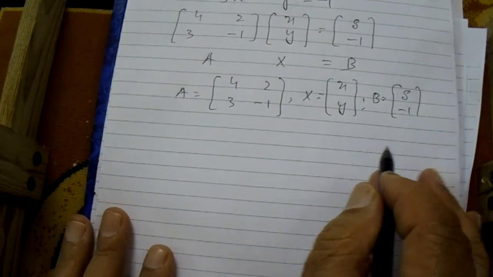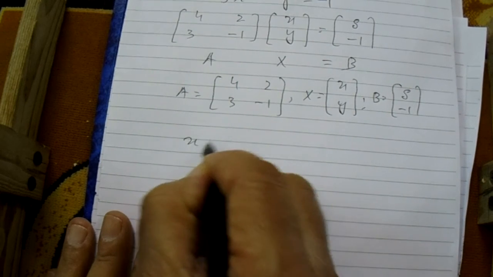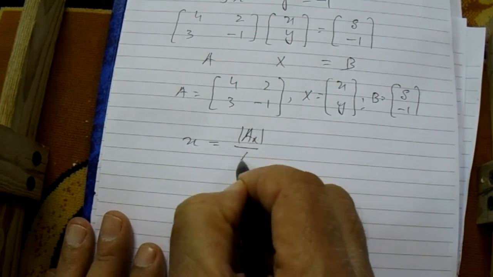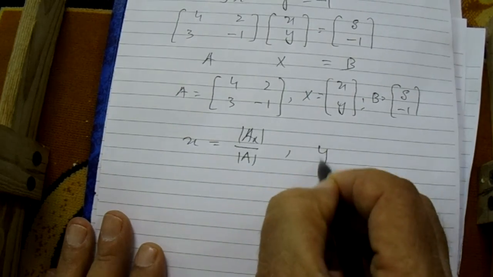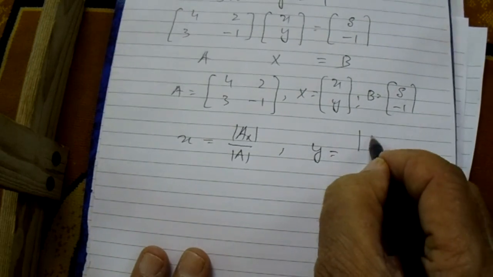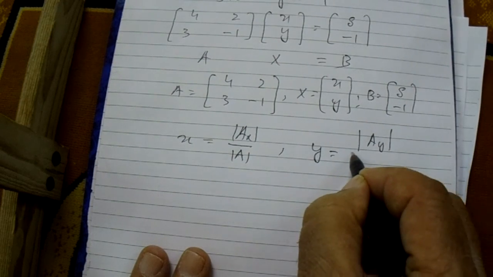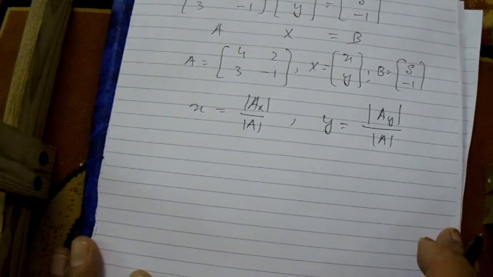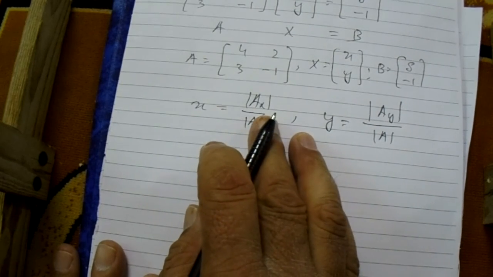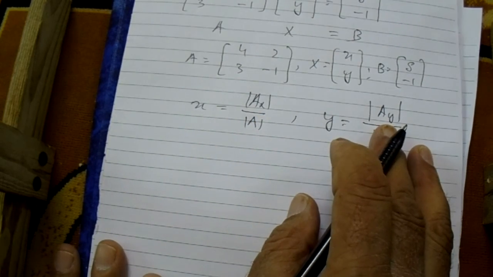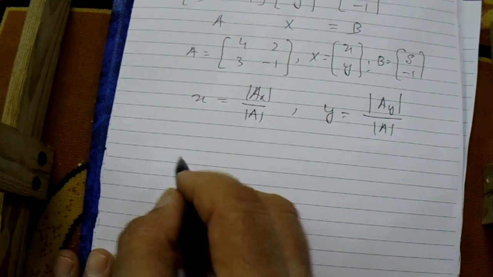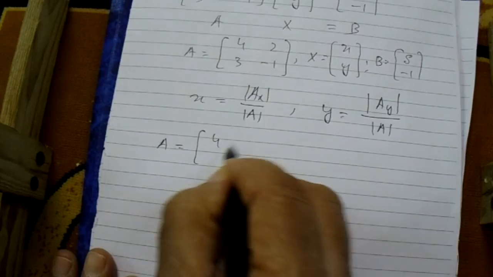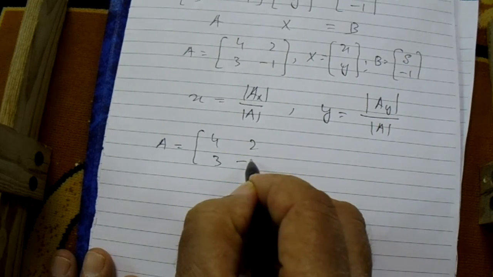By Cramer's rule, we have the formulas: x is equal to determinant Ax over determinant A, and y is equal to determinant Ay over determinant A. Now we will first find determinant A, then Ax, then Ay, then we put the values and get the answer. Here A matrix is [4 2; 3 -1].